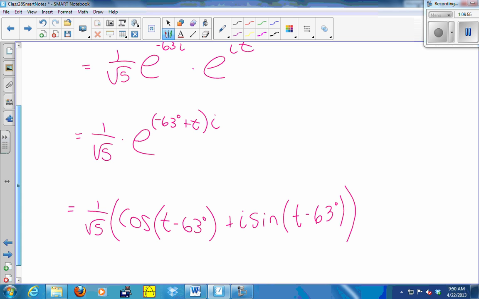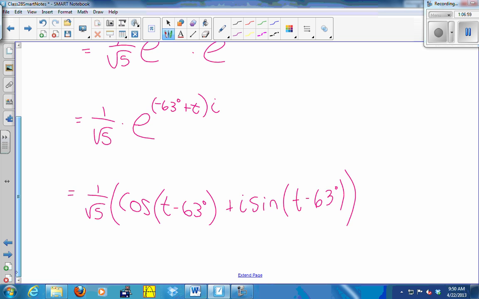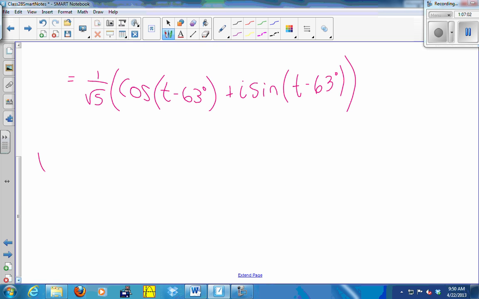So all I need is the sine. The thing I'm looking for is just sine of t minus 63 degrees. So I've written it as a single trig function, so that was my first goal. And I know it's a sine function, with amplitude and period: amplitude 1, period 2 pi.